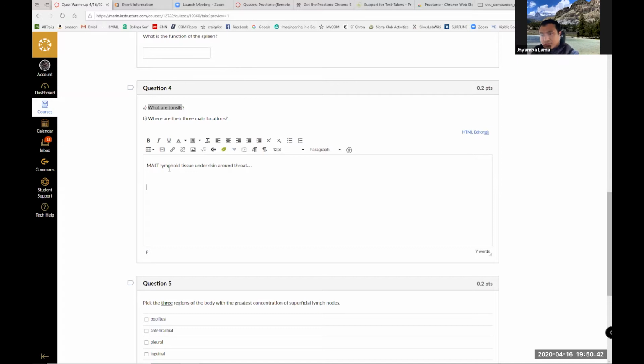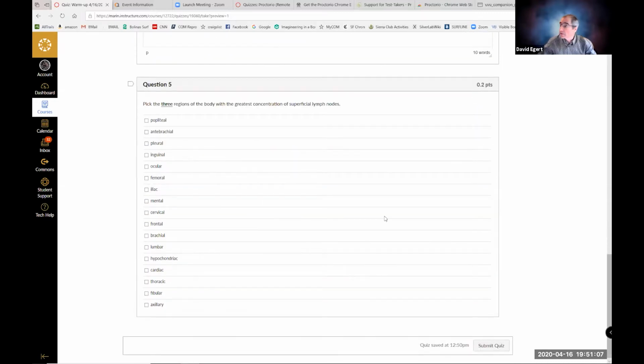Palatine, pharyngeal, lingual. There were the pharyngeal tonsils, which are right up on the back of your nasopharynx, also called the adenoids. There were the lingual, which is at the base of the tongue. And then the palatine, which were on the soft palate, on either side of your uvula. Those are the main ones.